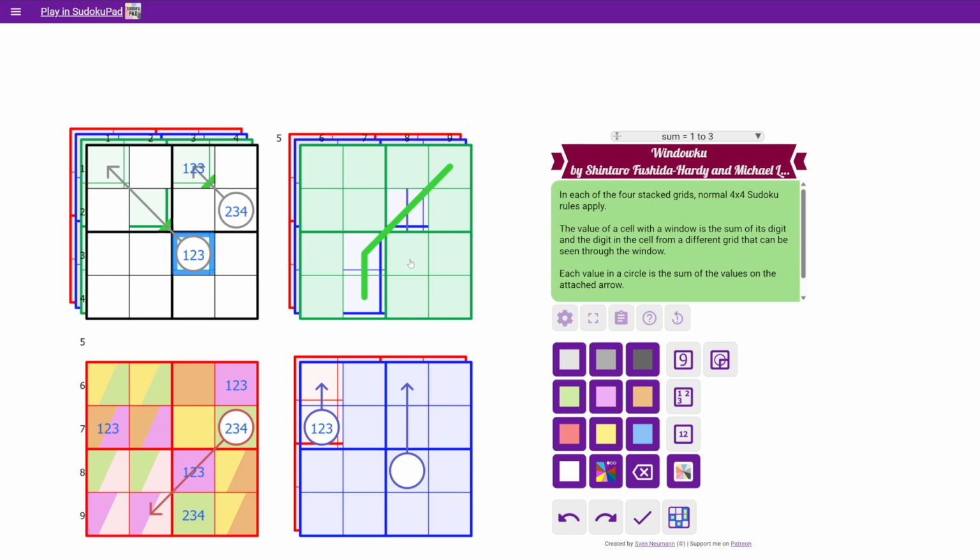And then this could be like a 3 or something. But this has to be... Oh, these have windows as well. Both of them do. So they're going to be added with these two. And these will have to be... Well, this has to be a 1, 2, and this has to be a 1, 2, and this has to be a 4.